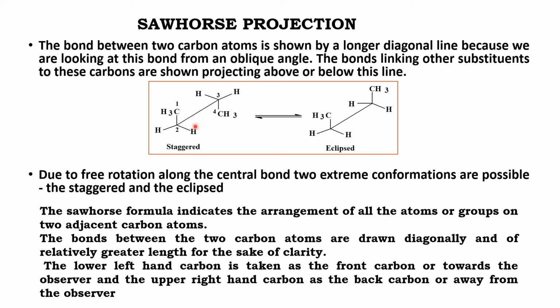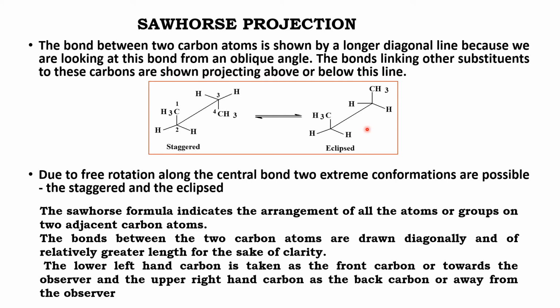And if we consider normal butane, this bond is represented between the second and the third carbon atom. If it is a staggered configuration, the bond of the first carbon atom with the CH3 group is placed between the bonds of hydrogen atoms of the third carbon atom.